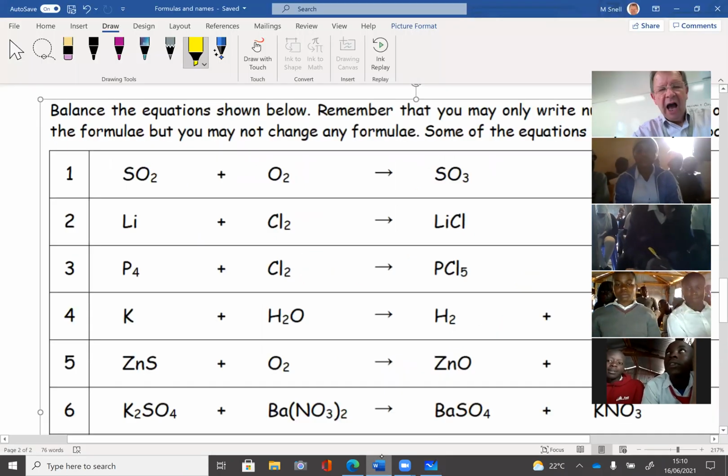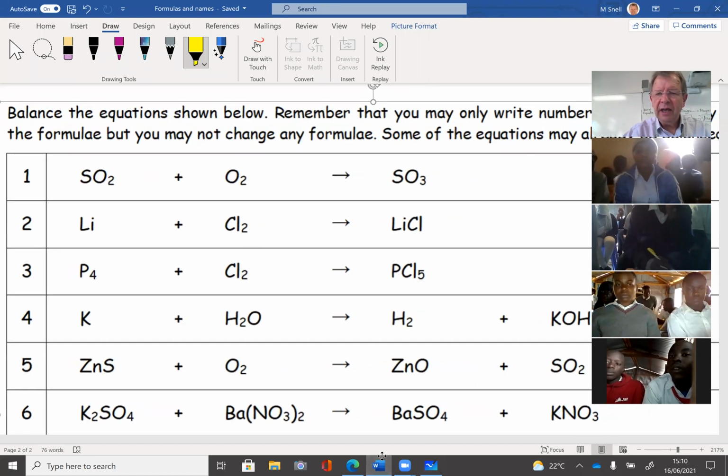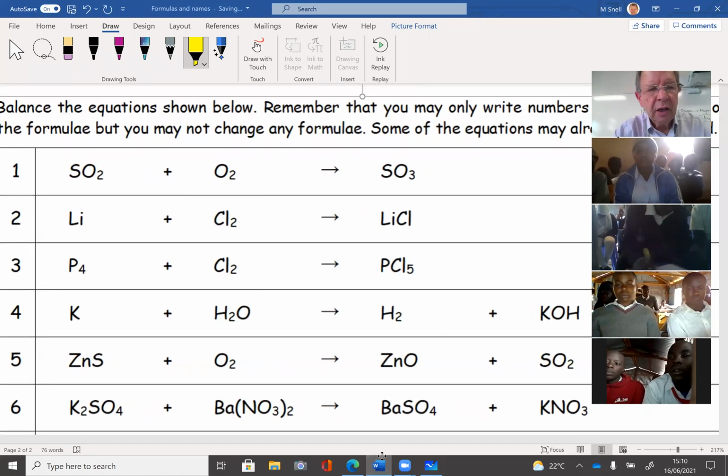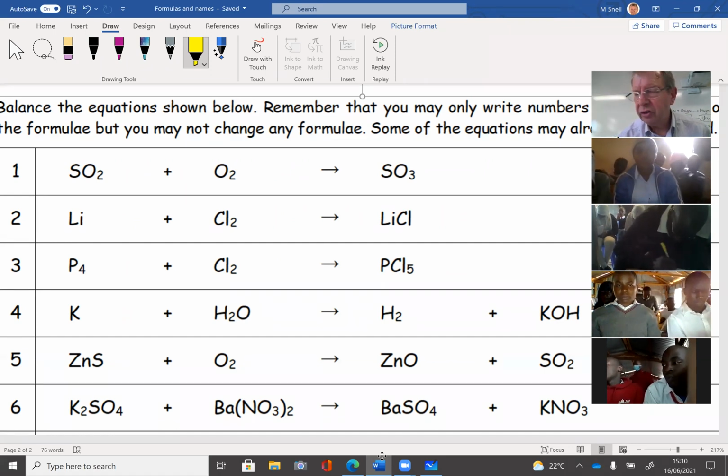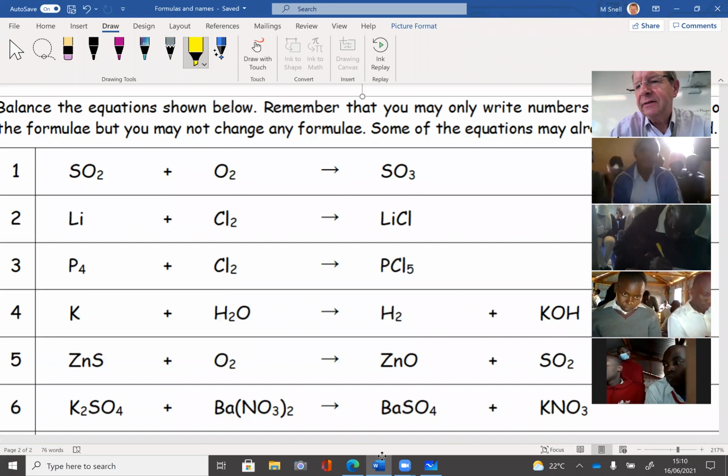All right. I'd like you just to try the first 3. Okay, just the first 3. Not number 1, but number 2, 3, and 4. Just have a go at 2, 3, and 4, and we will see if we can balance equations. So write out the equation, see what is wrong with it. Be careful because sometimes they are already balanced, but in these cases, they are not balanced. So see if you can balance them.